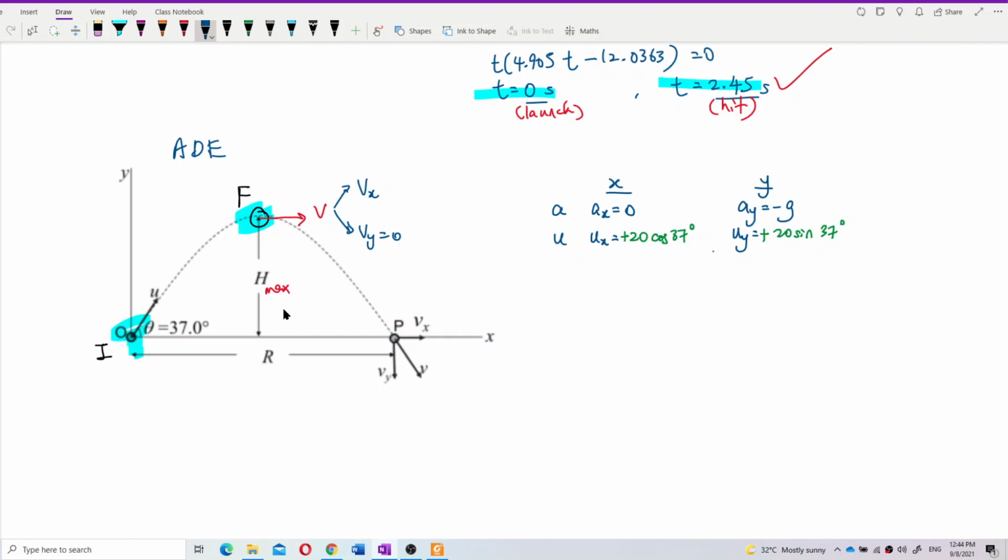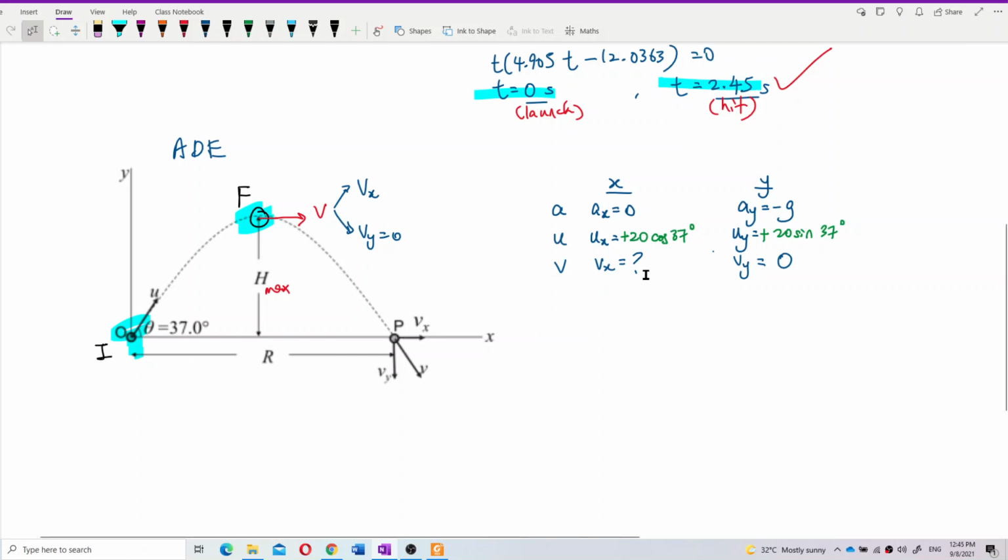So we have Vx and Vy at the maximum height. Our Vy is 0, just put Vy 0. But how about Vx? Vx, we don't know. What is our Vx?